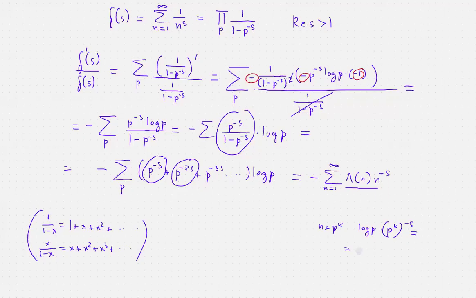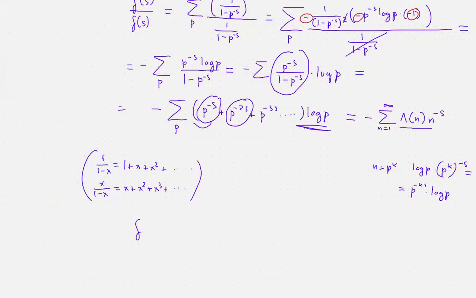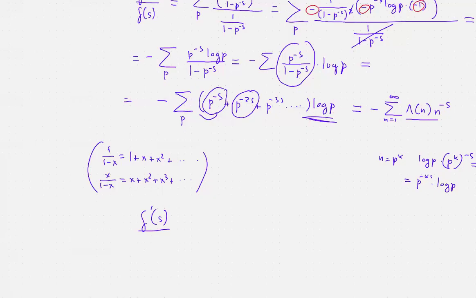So it's precisely one of these terms that we get by multiplying a power of p to the negative s by log p. And that's what justifies this. So in other words, we get our final result. This is a sort of discrete expression.